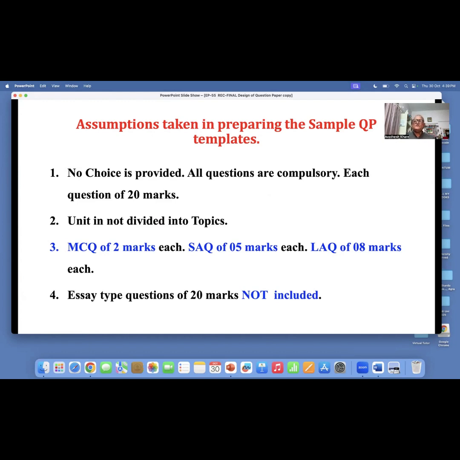MCQ is of 2 marks, SAQ 5 marks, and LAQ 8 marks. Essay type questions of 20 marks are not included in the question paper, because in essay type questions, the subjective evaluation is very large.